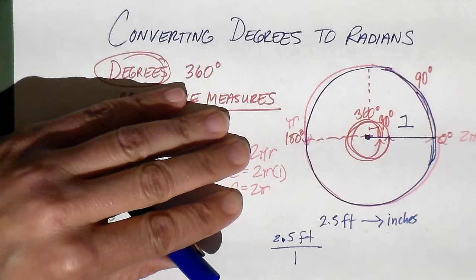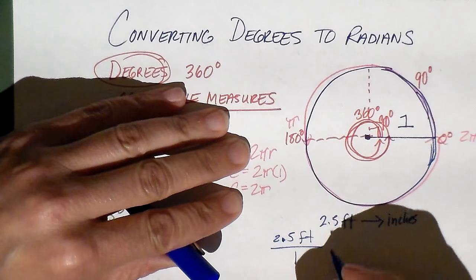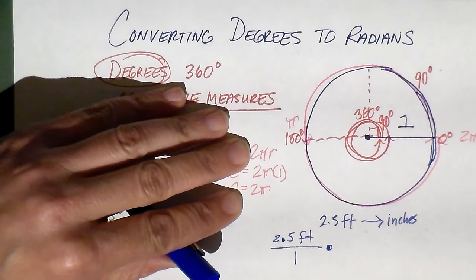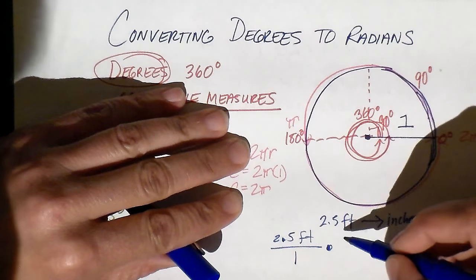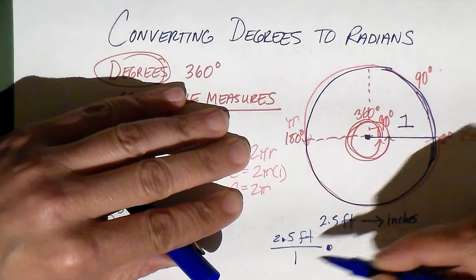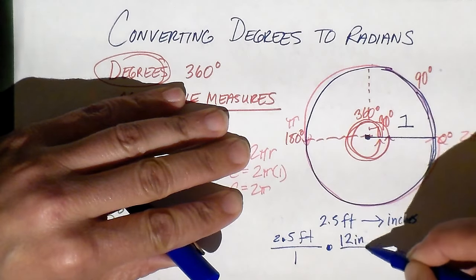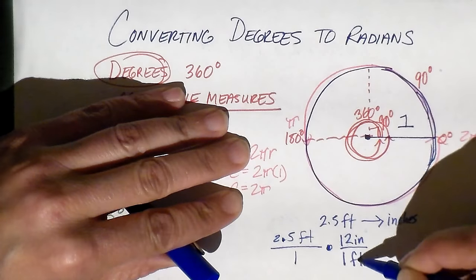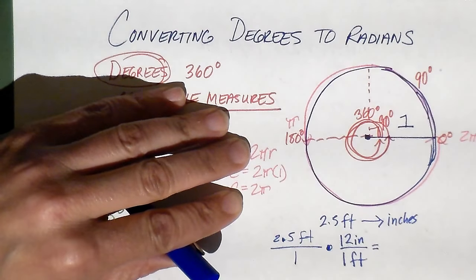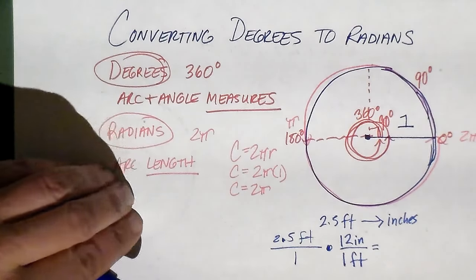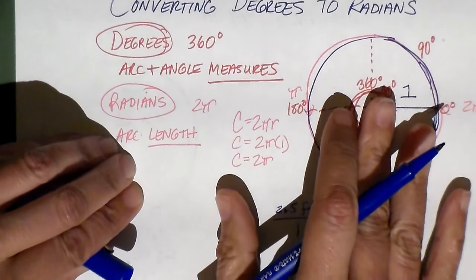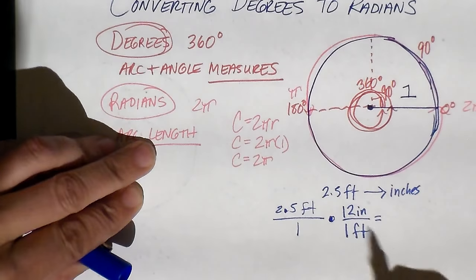Okay, why is it 2.5 times 12? Well, when I multiply, what I want to do is I want to cancel out the units. So for example, 2.5 feet. How many inches are in 2.5 feet? There's 12 inches in 1 foot. Now what can cancel?